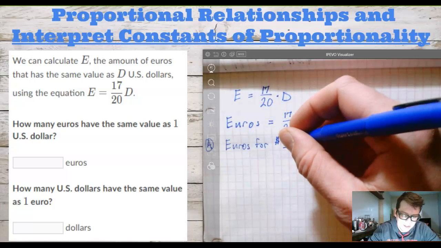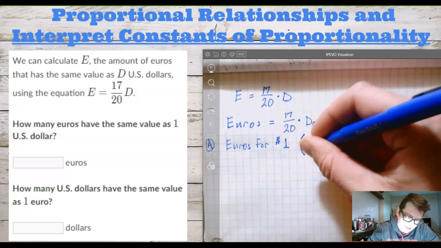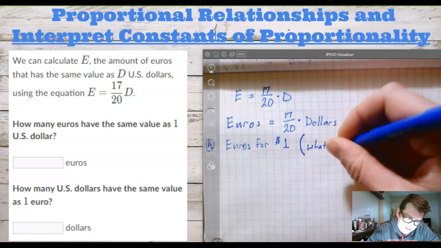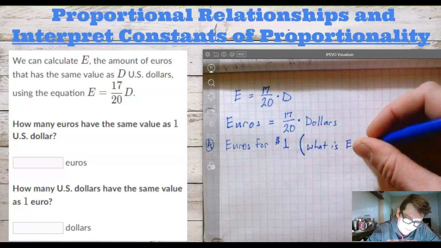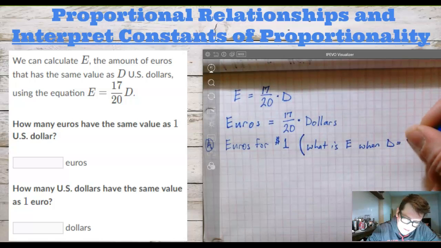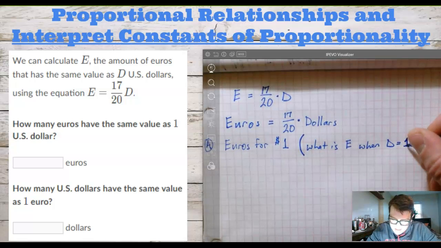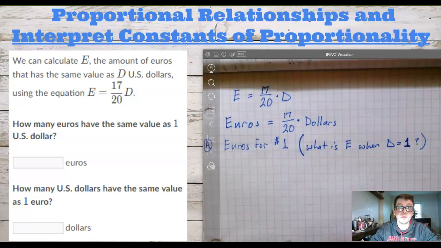So what this actually means is, what is E when D is 1? Right, you have to make sense of the problem. What is it asking us? How many euros do we get? How many euros have the same value as $1 US?